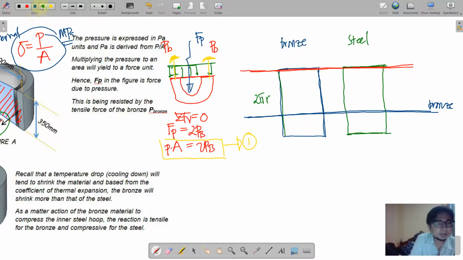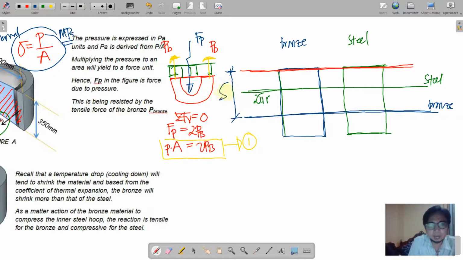And then, another line will be for steel. Therefore, kung titignan natin, mas mahaba ang ihahaba ng bronze. Okay? This is delta due to temperature of bronze. Okay? And for the steel, this one.